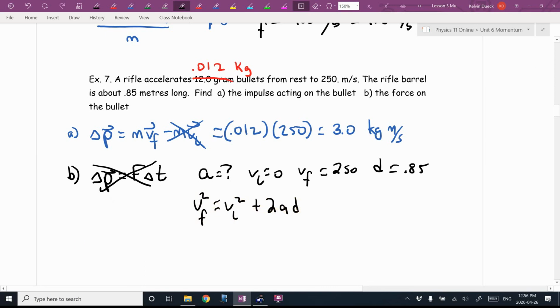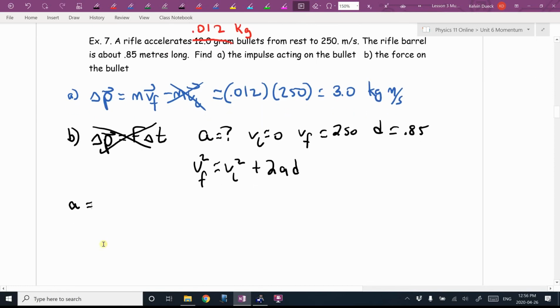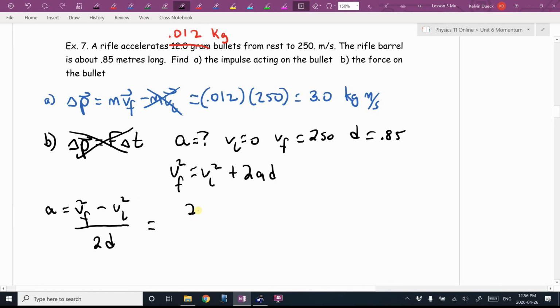So to get the A by itself, A is going to be VF squared minus VI squared all over 2D. It's going to be 250 squared minus 0 squared.